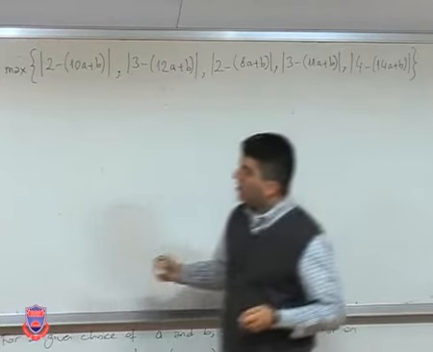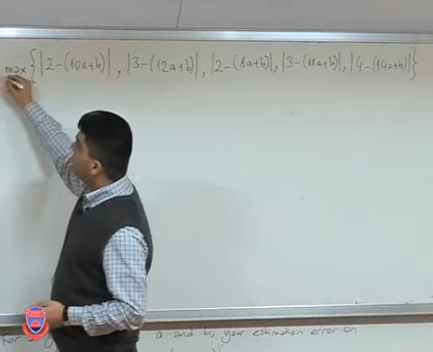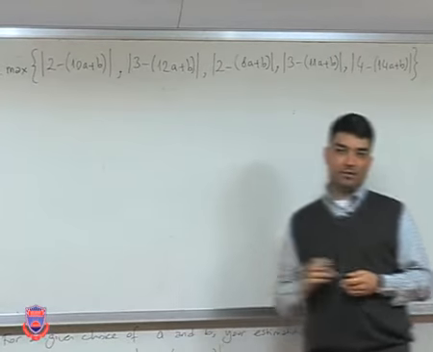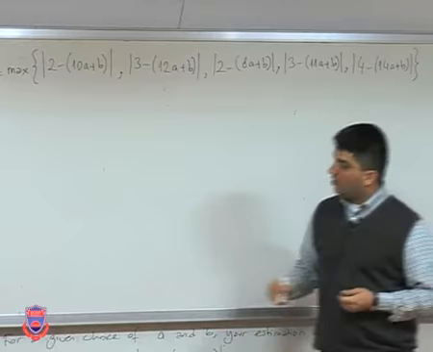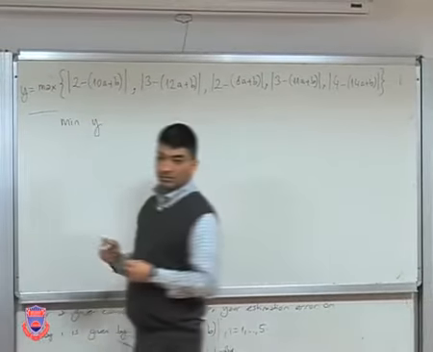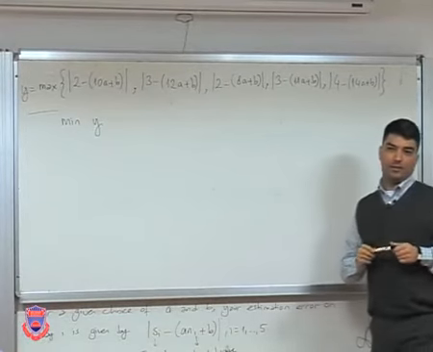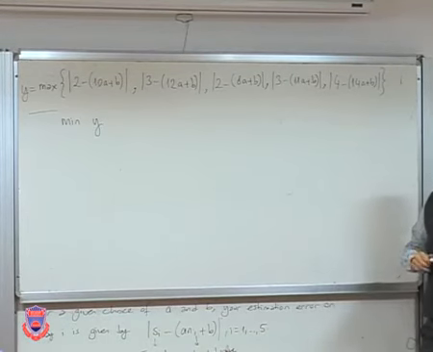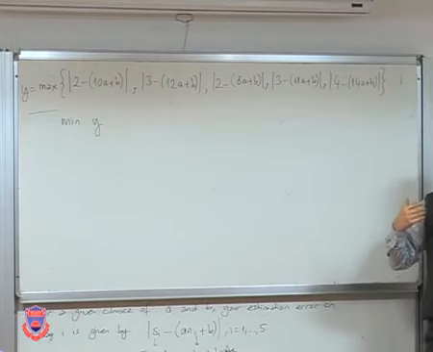So what I'm going to do is call it y, just like we did in the previous example. Therefore, I'm going to try to minimize y. By minimizing y, I'm actually minimizing my largest estimation error.